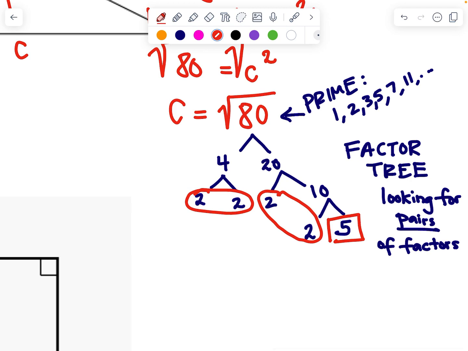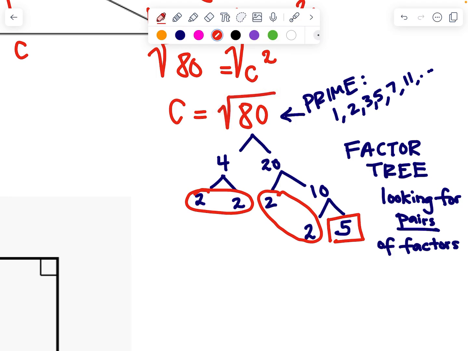So, if you remember, what I said all the way back last semester is when I have these pairs of factors, we get to escape the radical. This is the radical here.